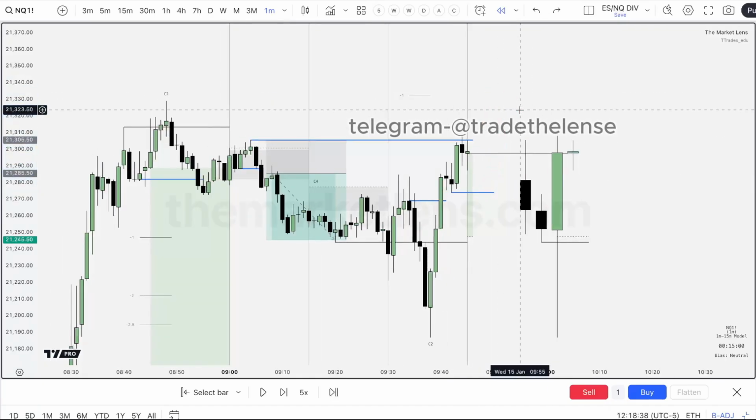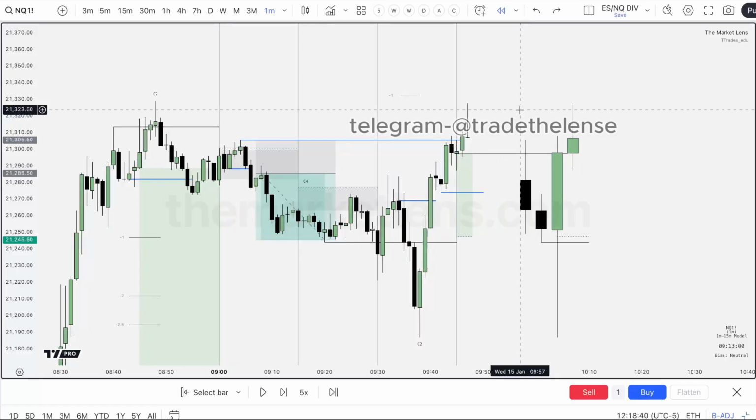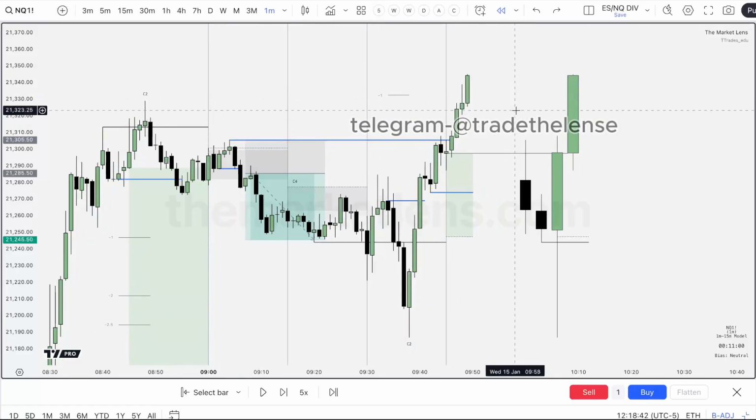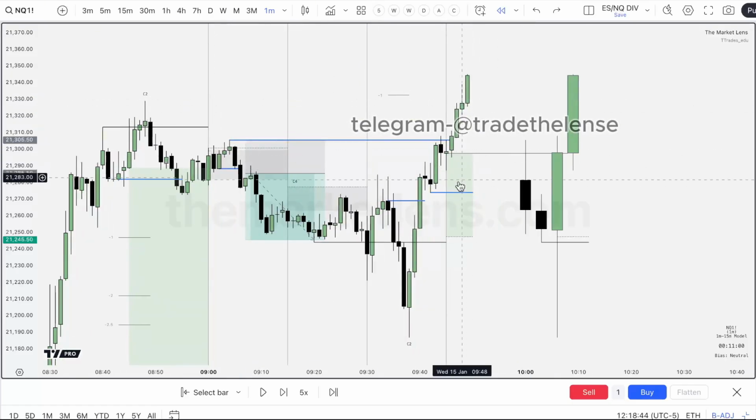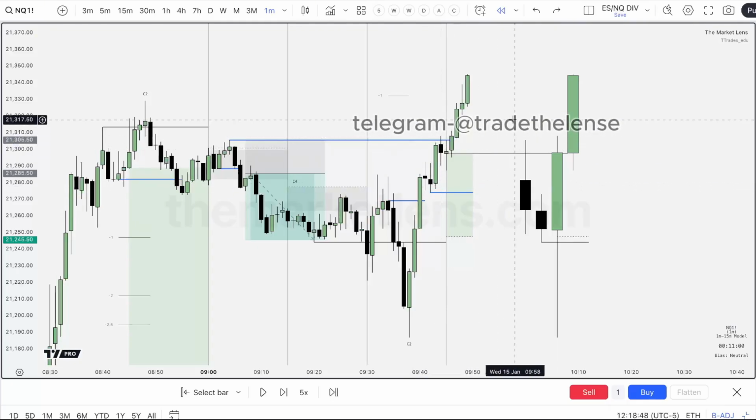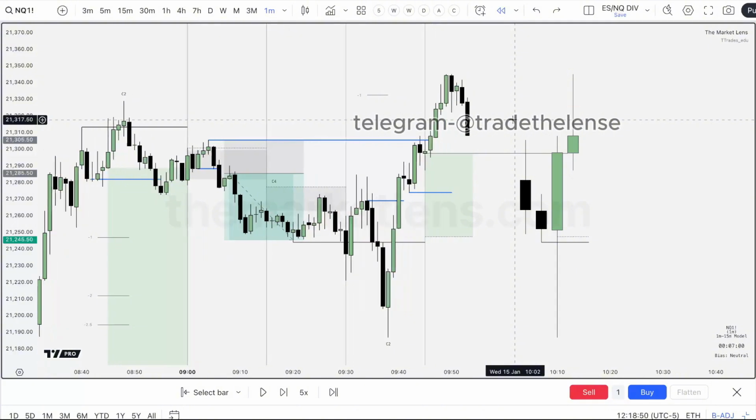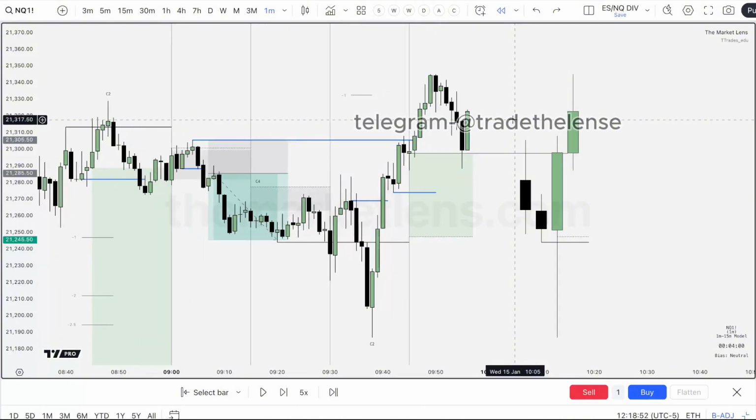So let's see what happens. Right, and then that one I would just miss because it doesn't form any low I would trust. I don't trust that low really after taking out that high like that. Right? So that's one I'd miss.